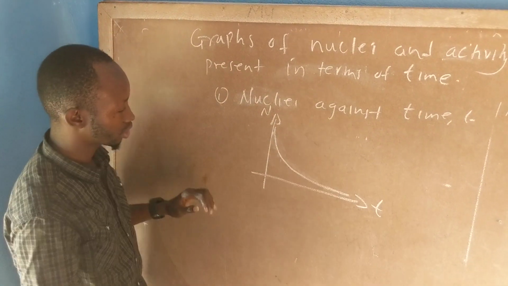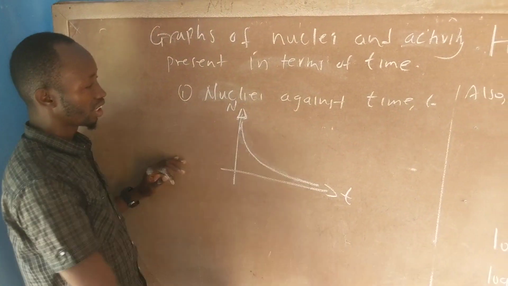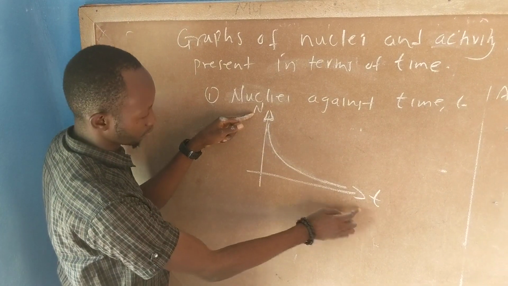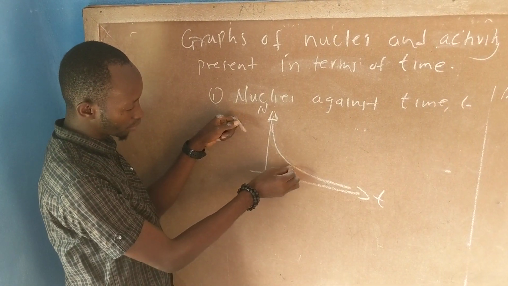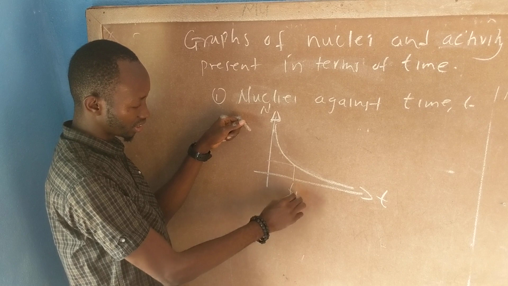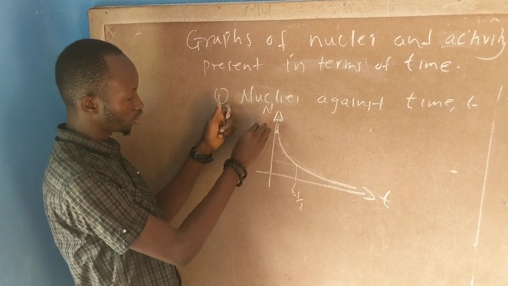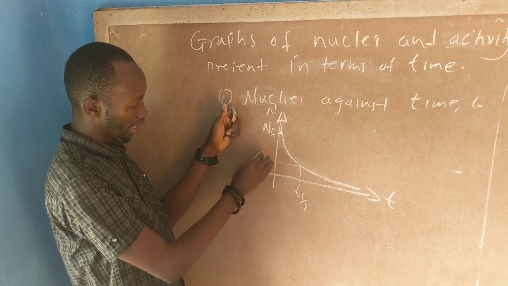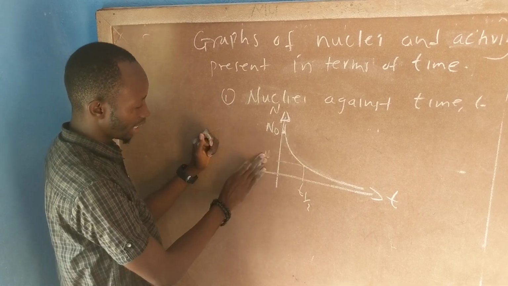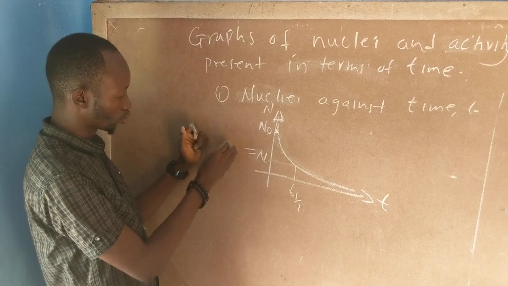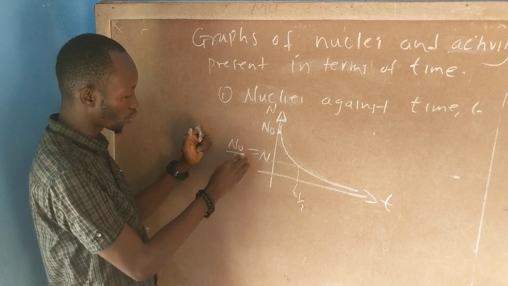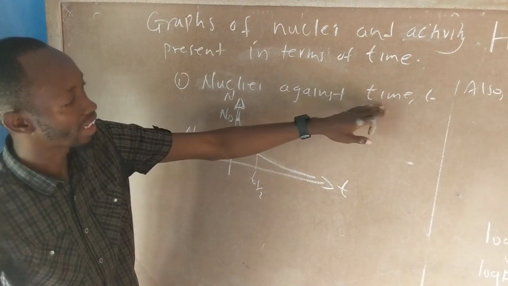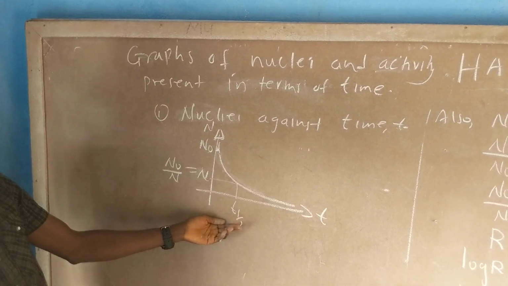An exponential graph is a graph that varies very rapidly with t. So if we have the half-life, this is the point where we have half-life. So here is T half, and this point is going to be the initial N0, and it is going to come here. Here is N, but this N here equals N0 all over 2. So if you are asked to draw a graph of the nuclei present against time t, this is how you are going to draw the graph.